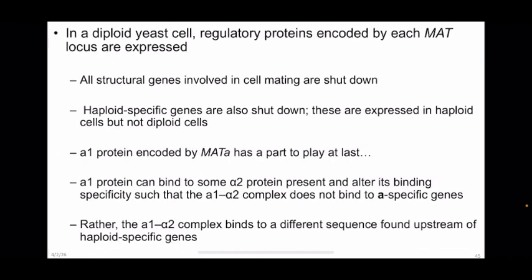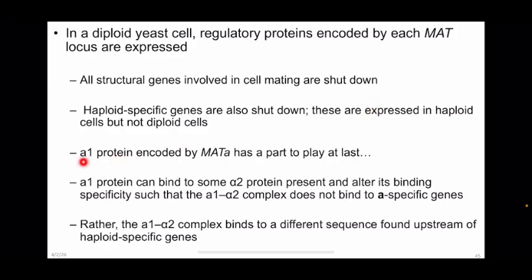So this is in the diploid cells, those that have both A and alpha. In the diploid ones, as I said, all the cell mating genes, the structural genes involved in cell mating, are shut down. So there will be no A specific genes or alpha specific genes.